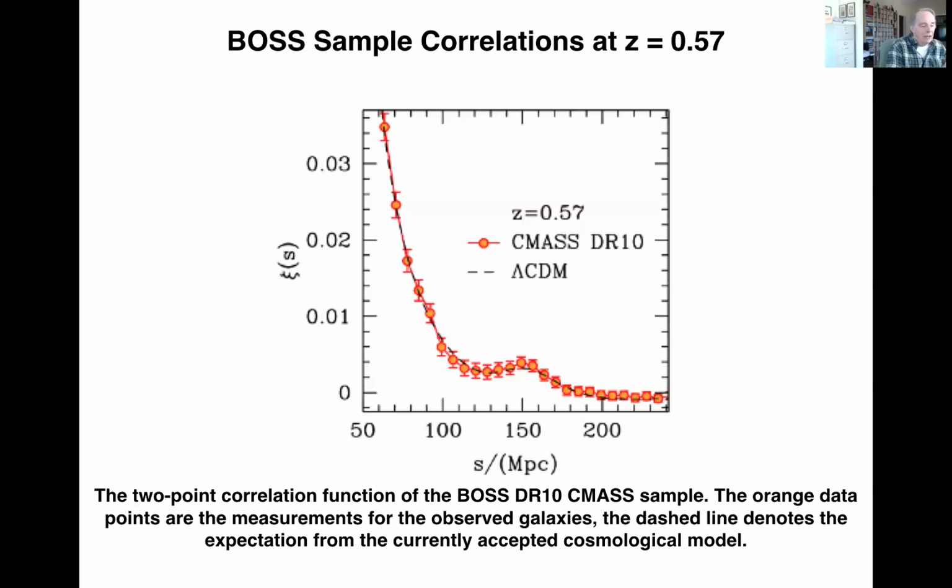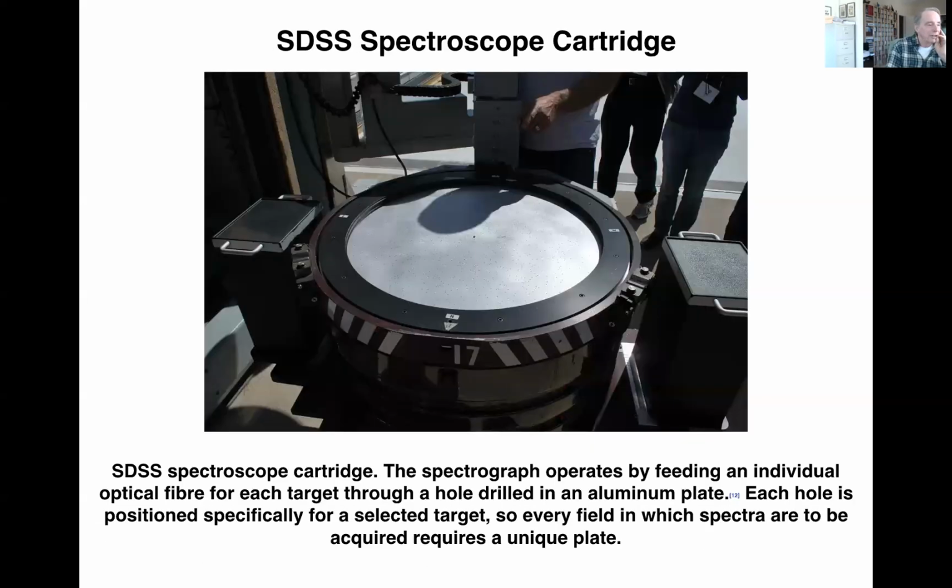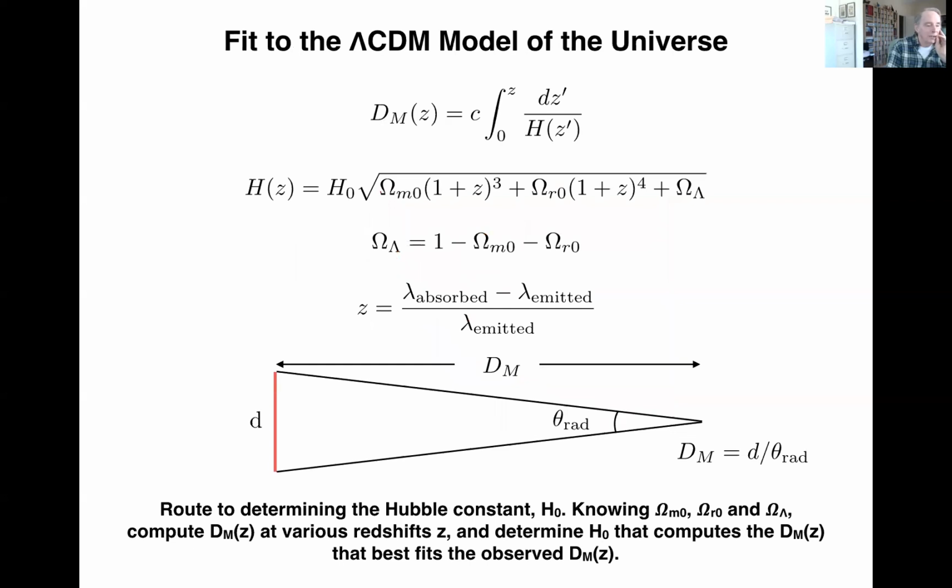We can measure the angle, and we can compute the angular distance, dividing the physical diameter by the observed angle of that structure from one side to the other. And you get that, d sub m.